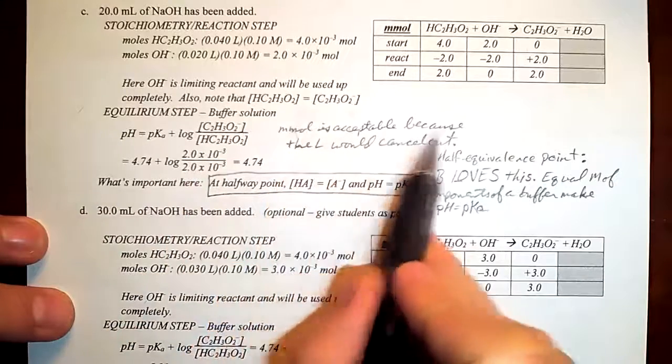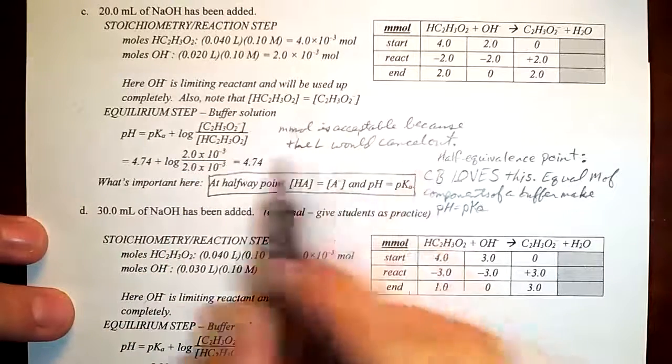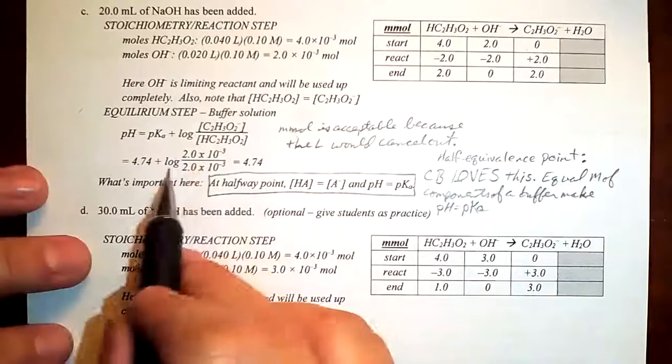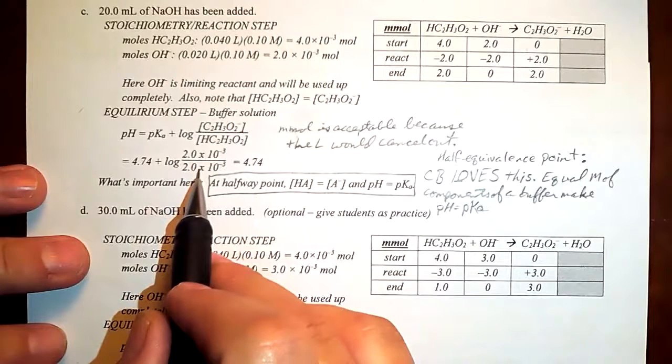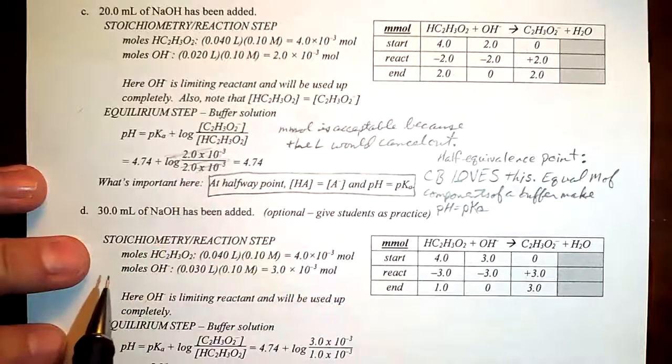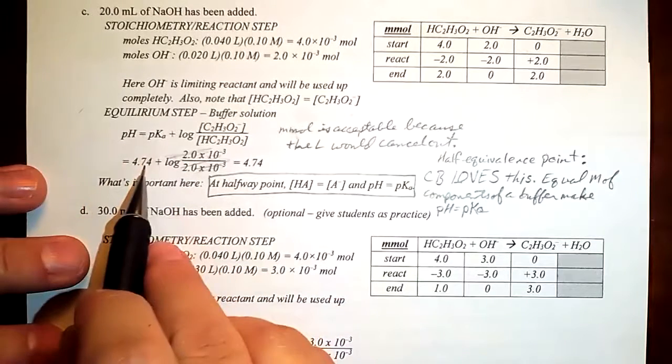Remember, millimoles is acceptable because the liters would just cancel out. So what we get is a fraction that's 1. Log of 1 is 0. This whole thing turns into 0. And pH is simply pKa.